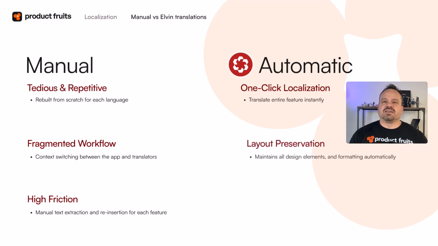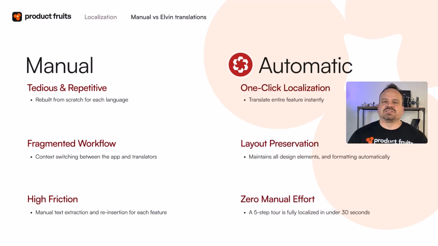On the other hand, automatic translation eliminates this manual work. It translates your content while keeping the original design and structure perfectly intact. You can now launch multi-language onboarding in seconds.